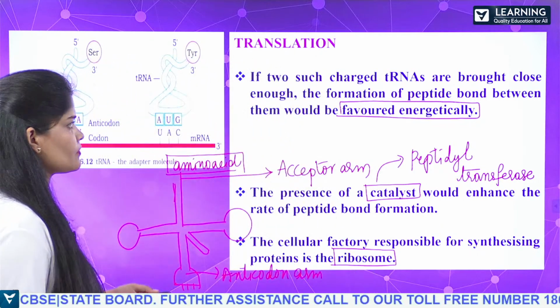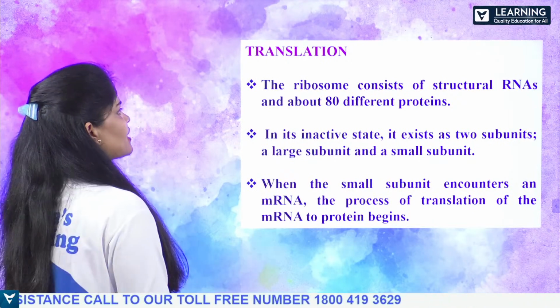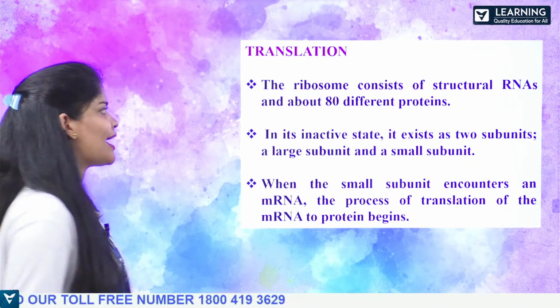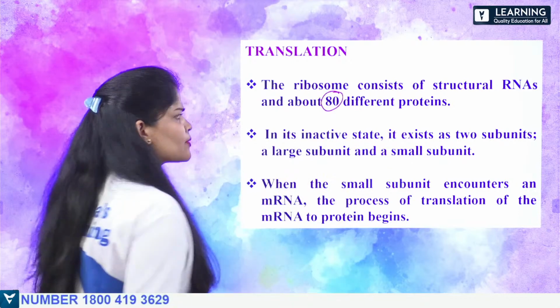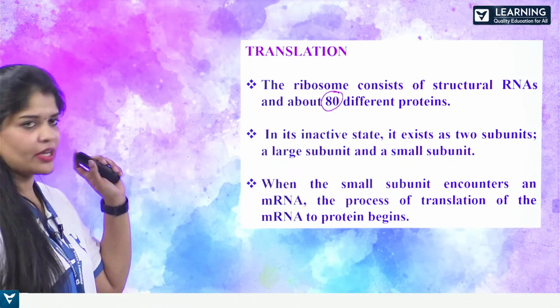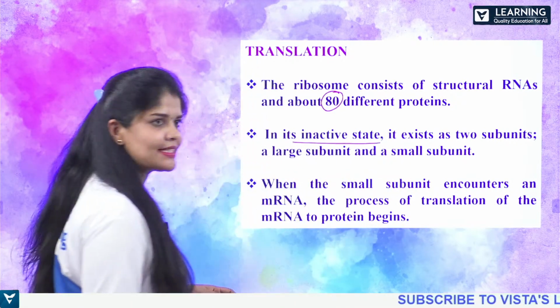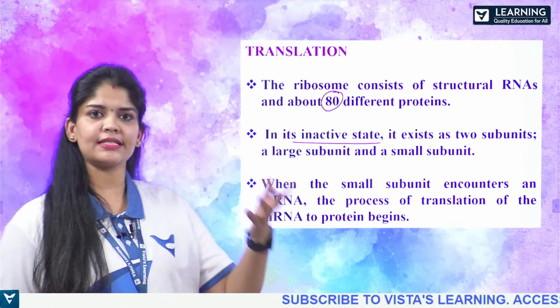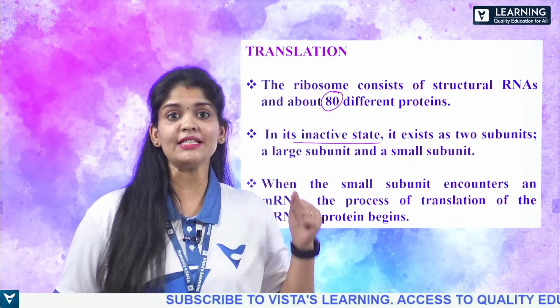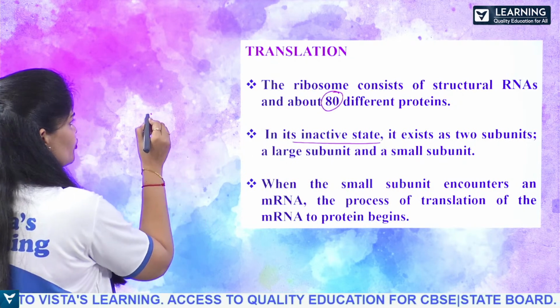Now, moving forward. As we just now said, the ribosome consists of structural RNA as well as many different types of proteins. Around 80 different proteins can be seen in the ribosomes, and it is in an inactivated state. Before protein synthesis takes place, the ribosome exists in an inactivated form.